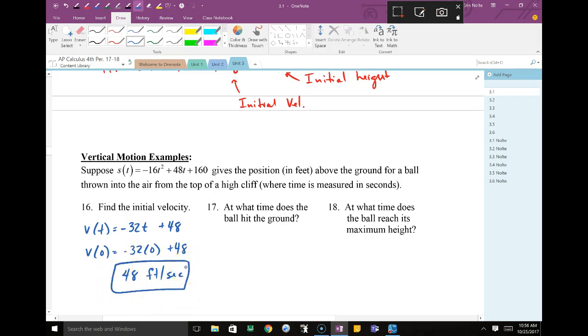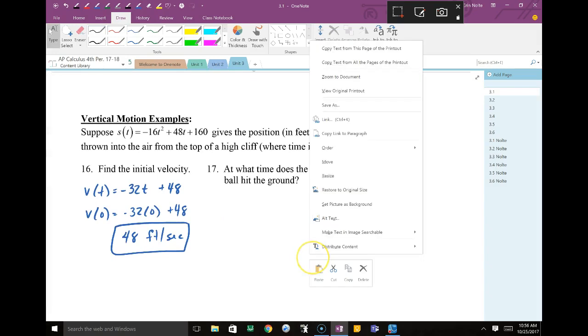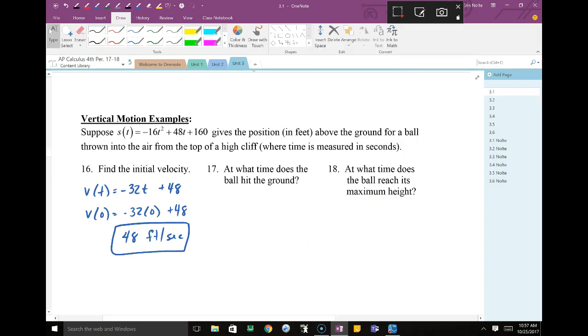Okay. At what time does the ball hit the ground? Tricky part here is, which function do I use? Are we talking about a position? A velocity? An acceleration? When the ball hits the ground, which one is that?